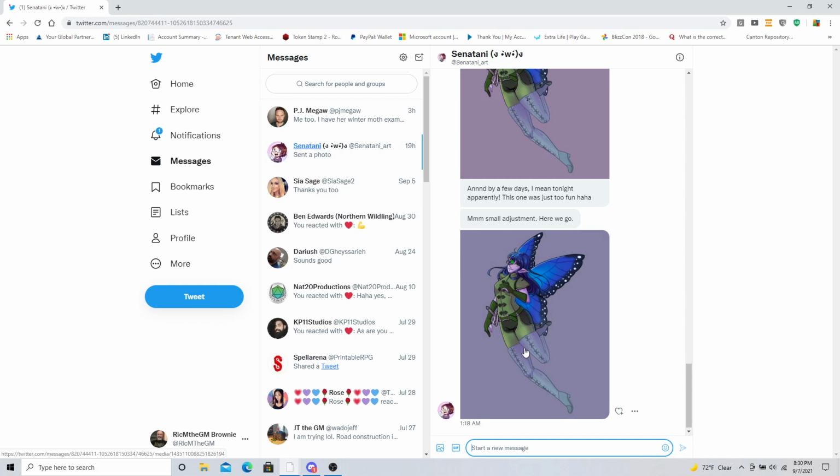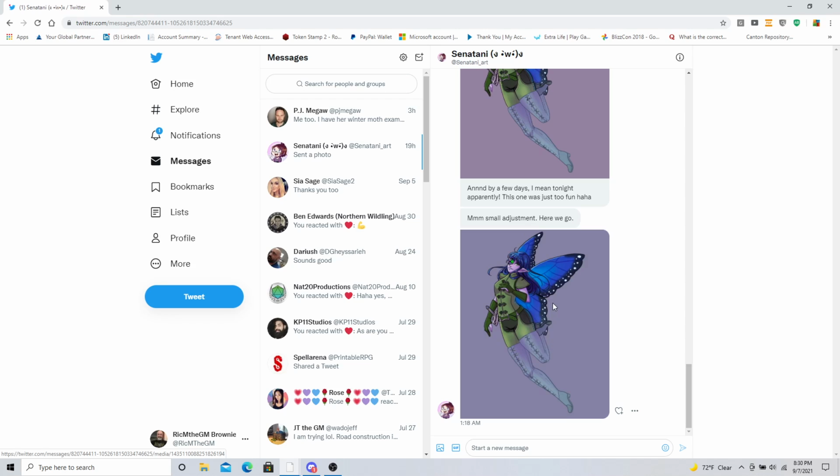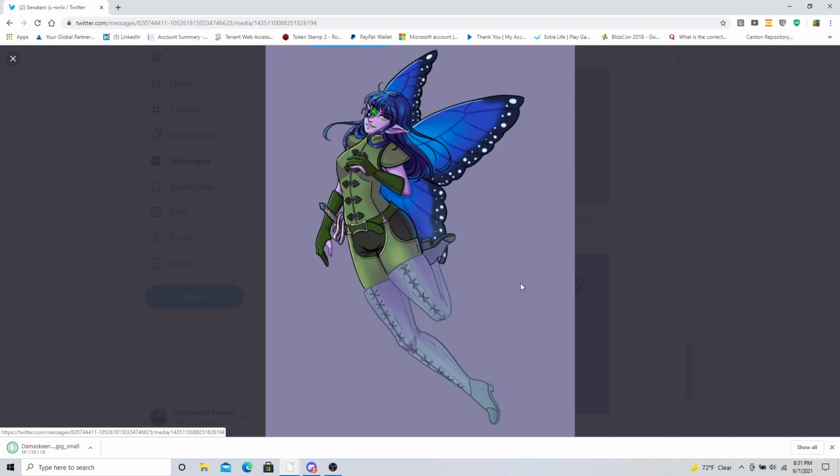So this is Senatani. She did an adjustment. Yay! All right, so this is Damaskine Flitterheart. And she is shaded now. All right, so I'm going to put her in original character art. This is a JPEG small file.